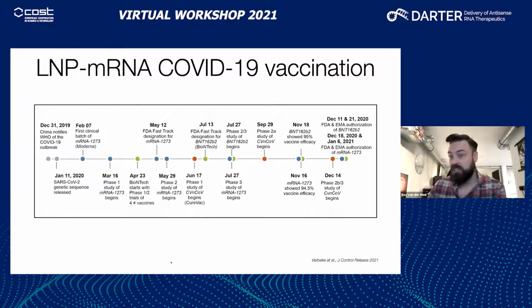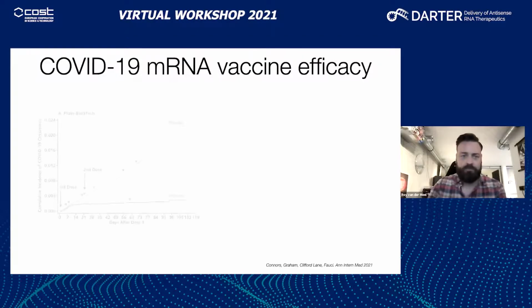And this is exactly what happened last year for the development of the COVID-19 mRNA vaccines. As soon as the SARS-CoV-2 genetic sequence was released, already, I guess, a couple of months after, a clinical trial started, resulting in the emergency approval by the end of the year.